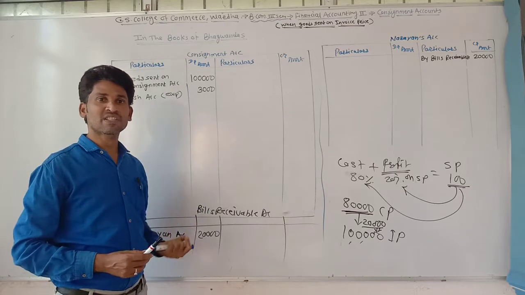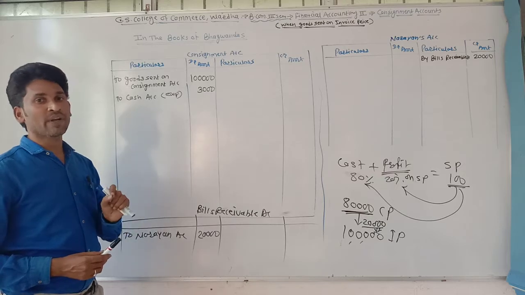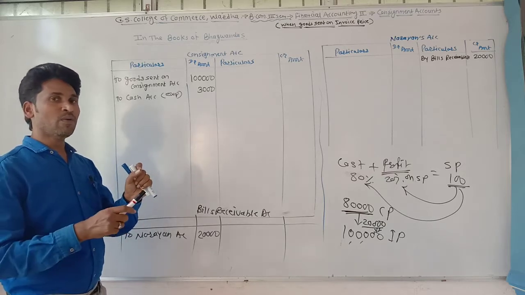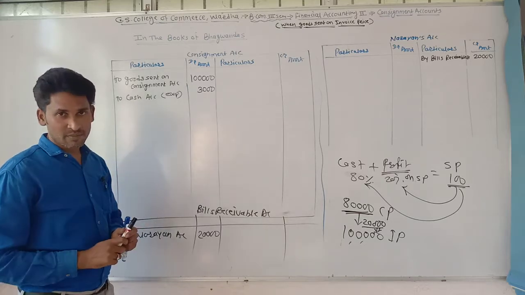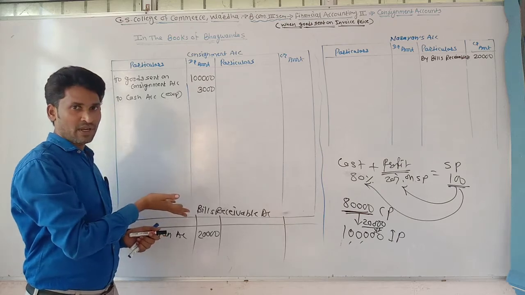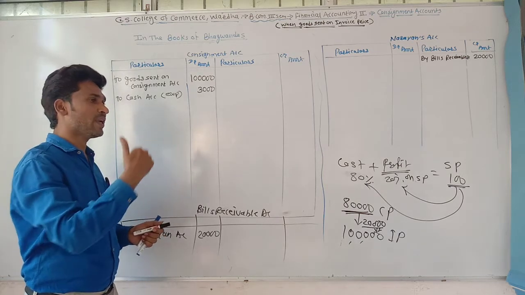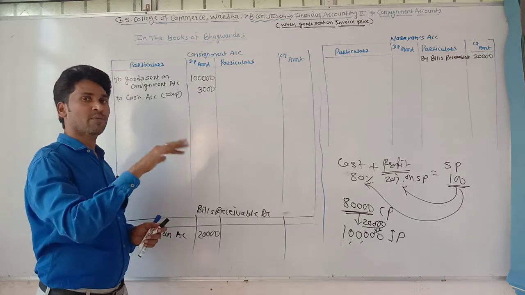For that it passed the journal entry: cash account debit, discount account debit. But discount is treated as a consignment expense, because this amount is used for the consignment, and for that you need to pay some discount to the bank when you require some money.